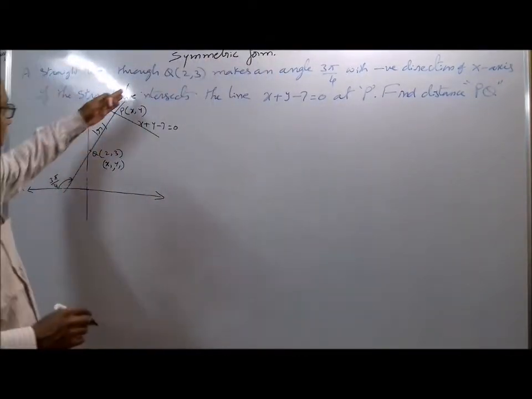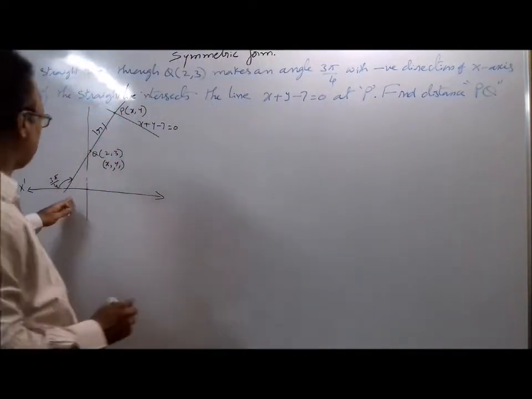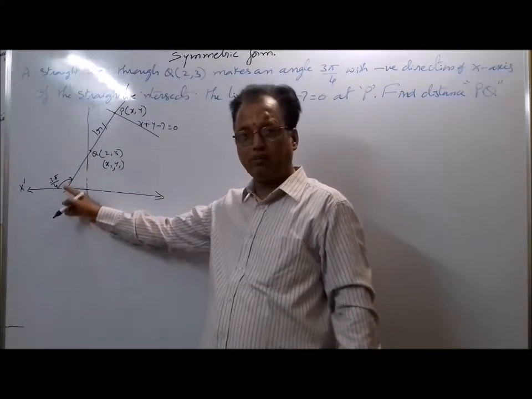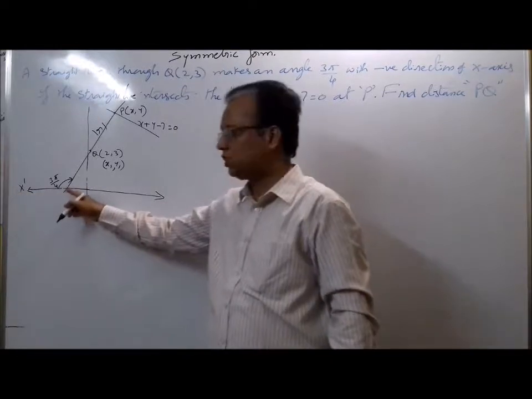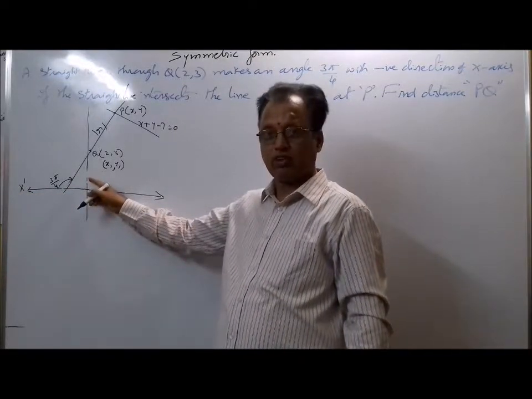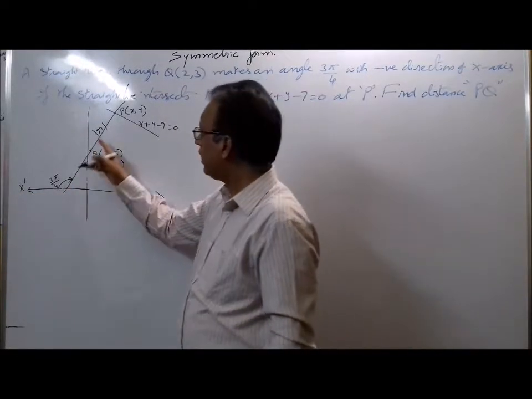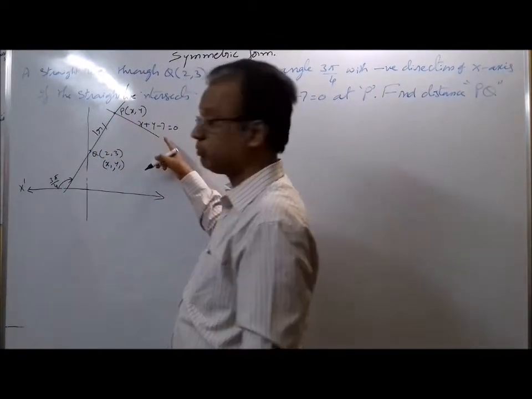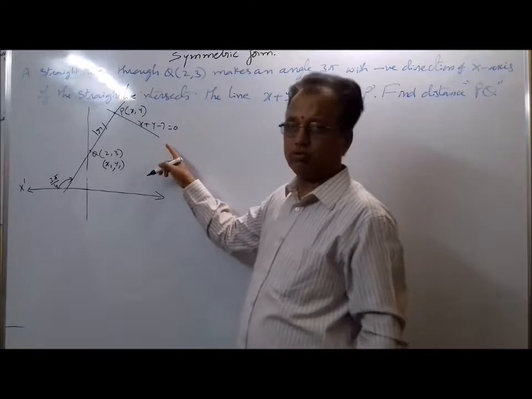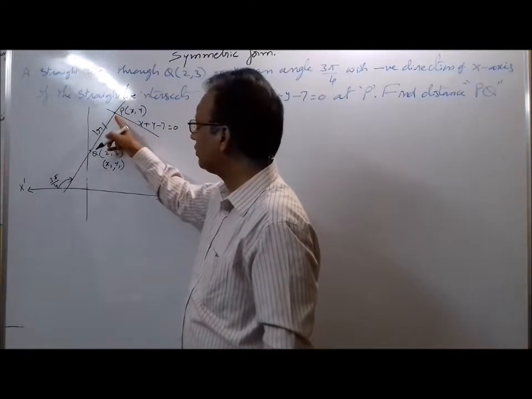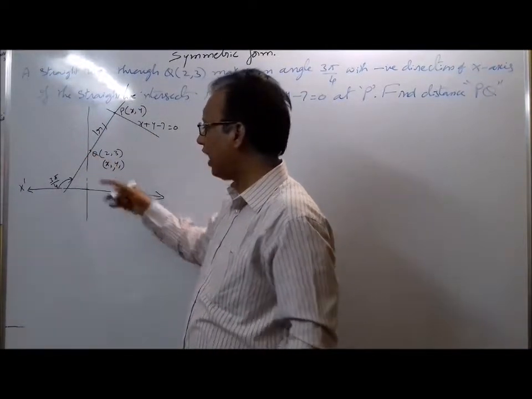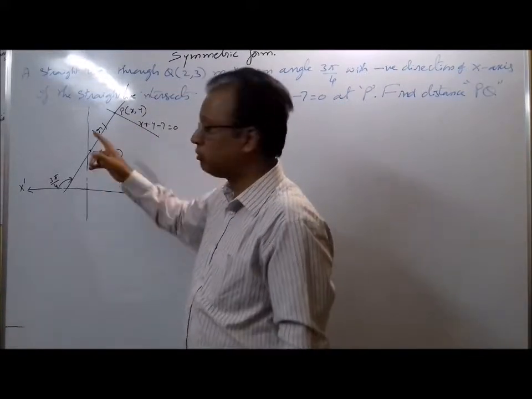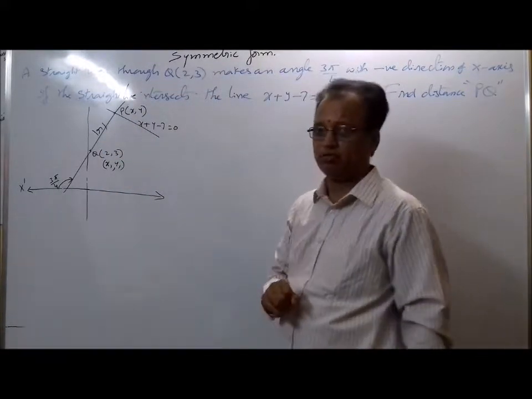See here, there is a line which is making an angle 3 pi by 4 with the negative direction of the x-axis, right? So this line cuts the another line x plus y minus 7 equal to 0 at P, and Q is a point on this line, (2, 3). So now the distance PQ is the question to find.